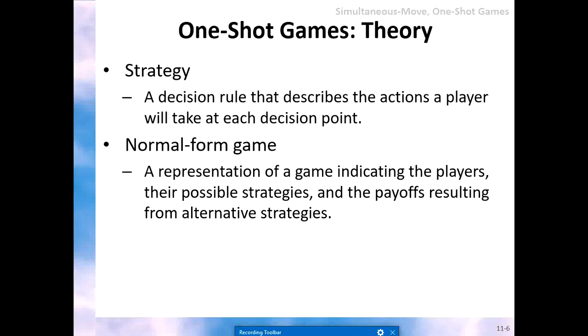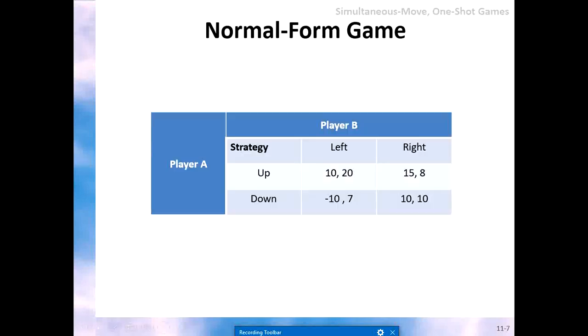A normal form game is a representation of a game indicating the players, their possible strategies, and the payoffs resulting from alternative strategies. Let's see, this is here. So we have this table. You can see player A and player B. Player A has strategies up and down, and player B has strategies left and right.